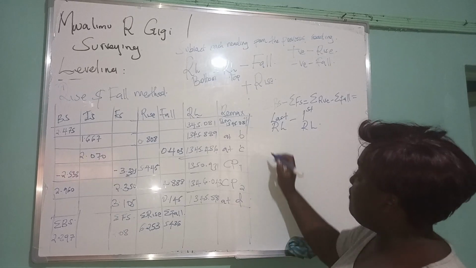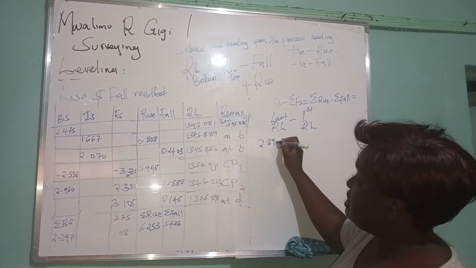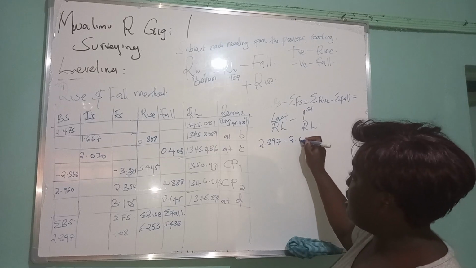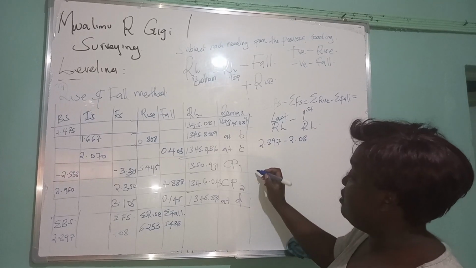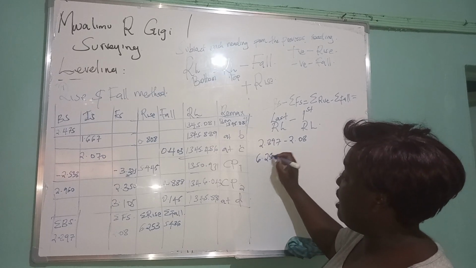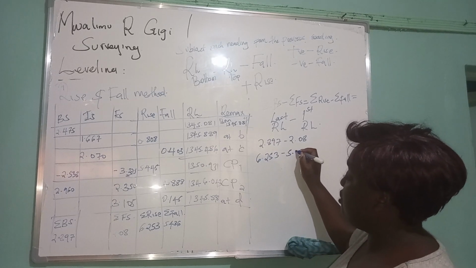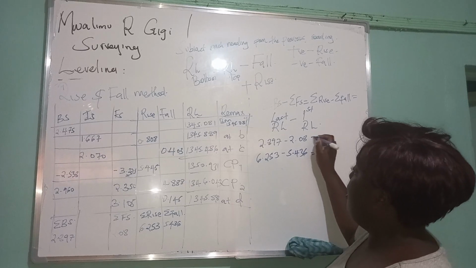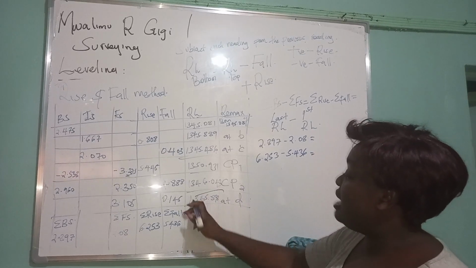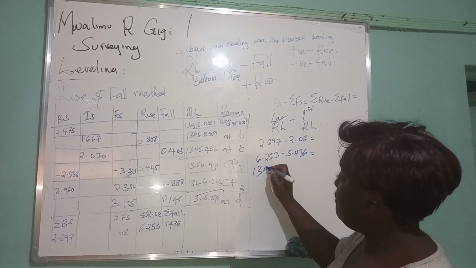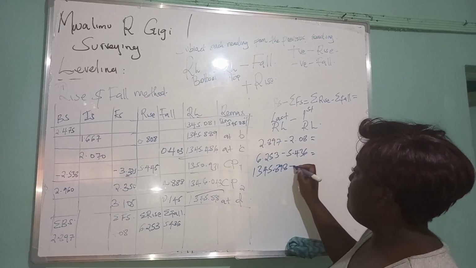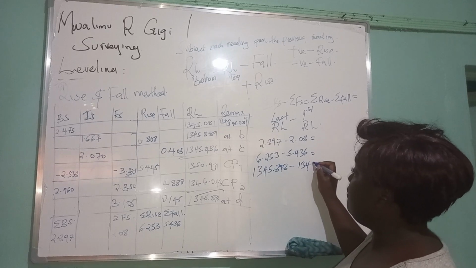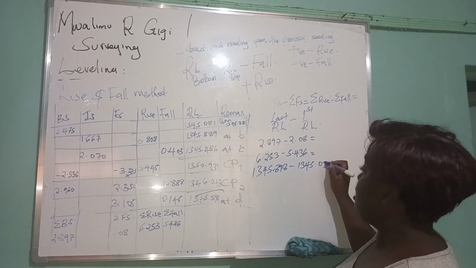So the sum of backsight is 2.897 minus 2.08. Then the summation of rise is 6.253 minus 5.436. This should be equal to the last reduced reading, 1345.898, minus 1345.081.